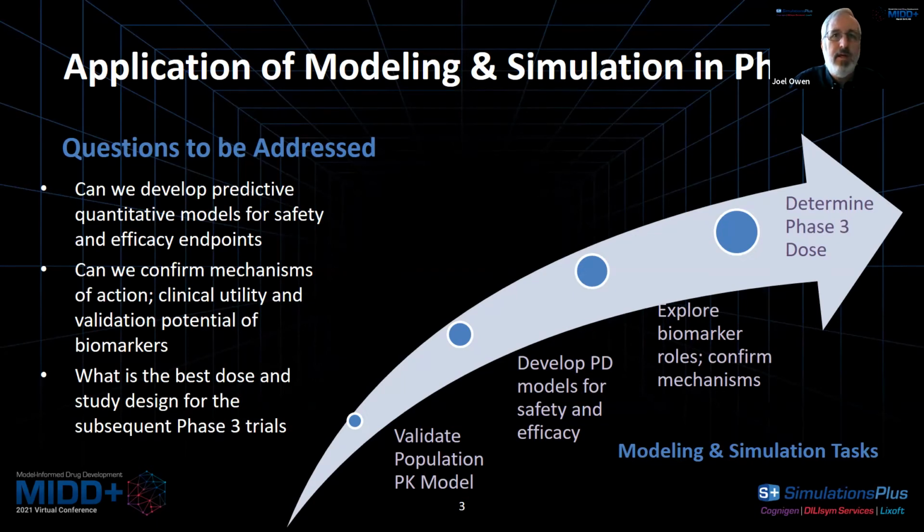We may also be looking at the role of biomarkers that we want to investigate further. Can we show their clinical utility or begin the process of validating those biomarkers? And then key from the information we need to gain from Phase 2 work is determining that Phase 3 dose.